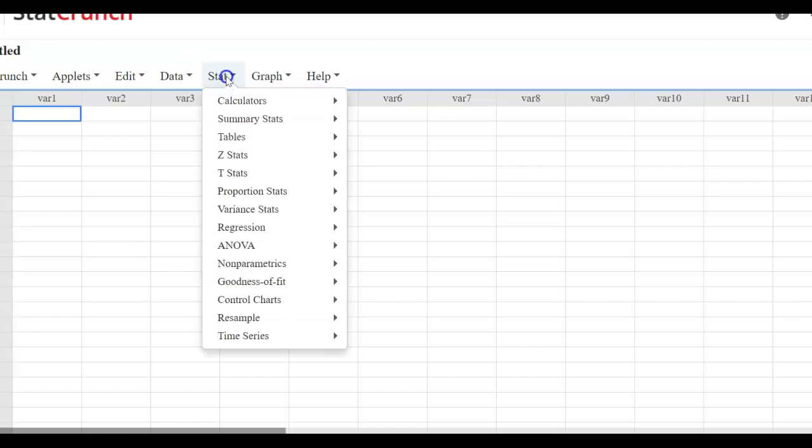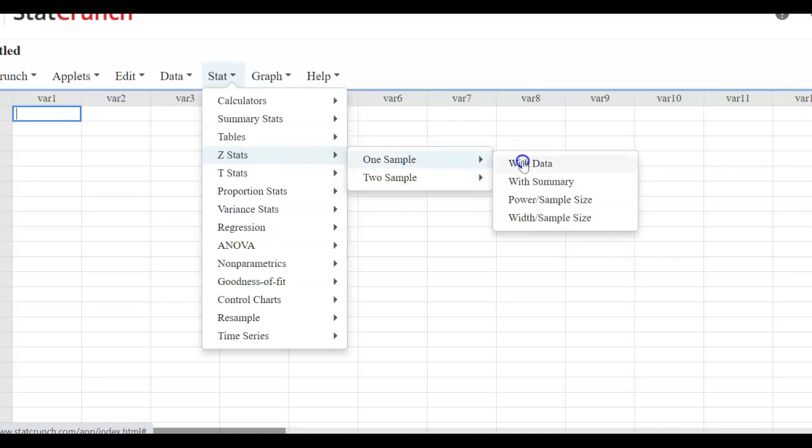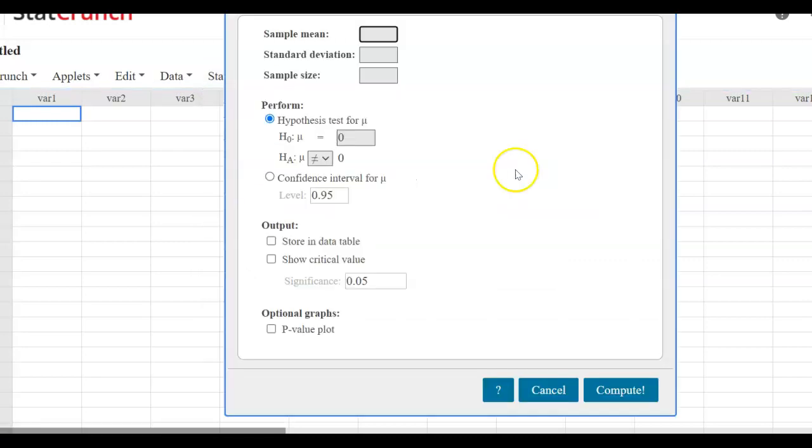And we're going to go under Stat. We're going to go under Z Statistics, one sample, and we have the summary. The sample mean was 16. The population standard deviation was 0.8. Sample size of 15. Now I'm testing, notice the default here does say equal, that's okay.